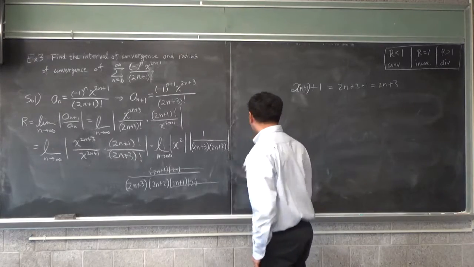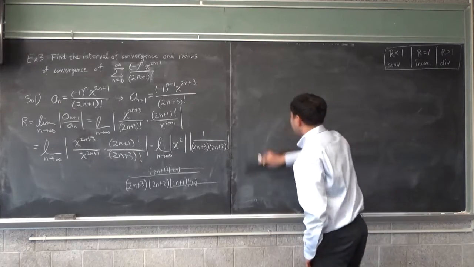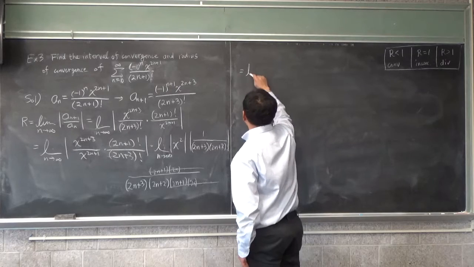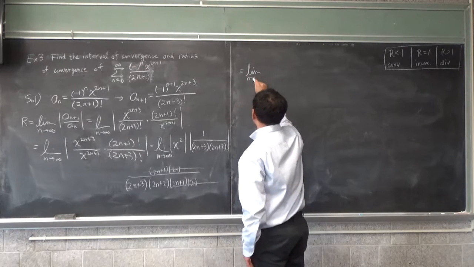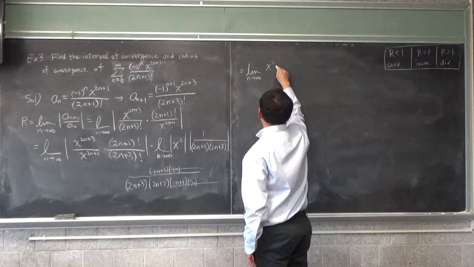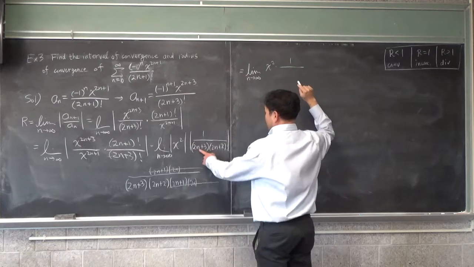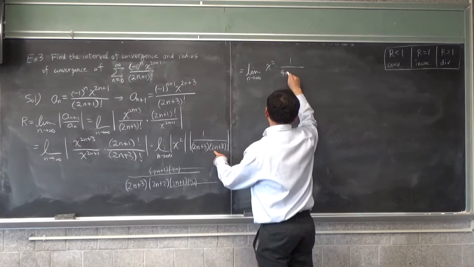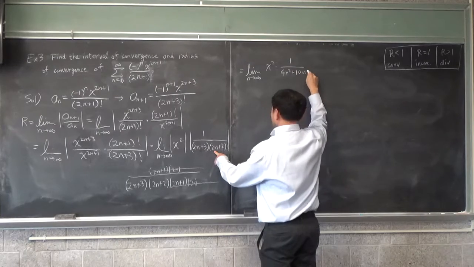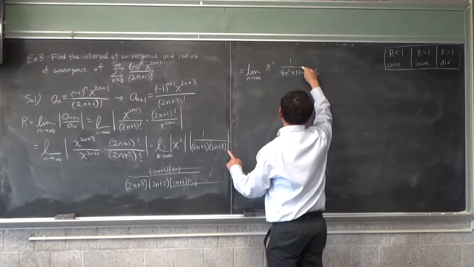And here's what we get. We get the limit as n goes to infinity of x squared times 1 over, if we multiply this out, 4n squared plus 10n plus 6. Okay.